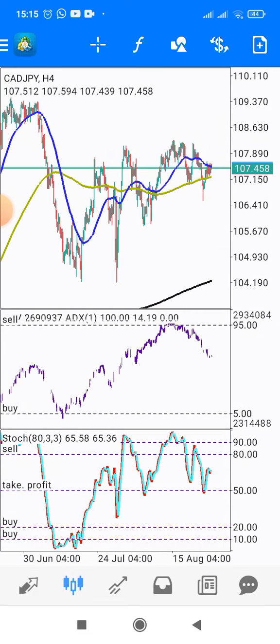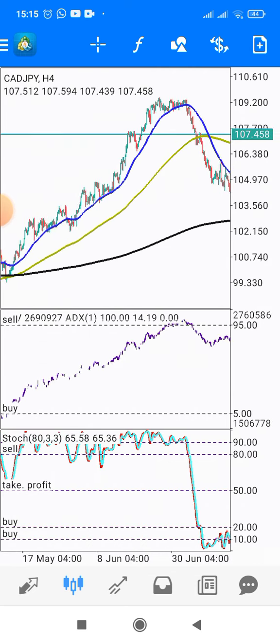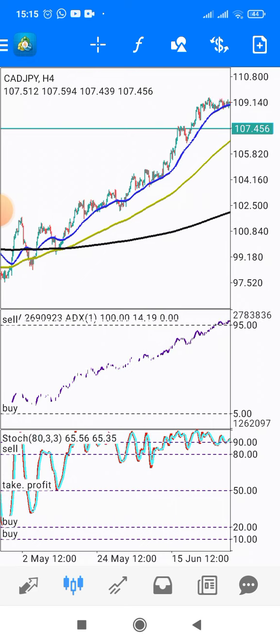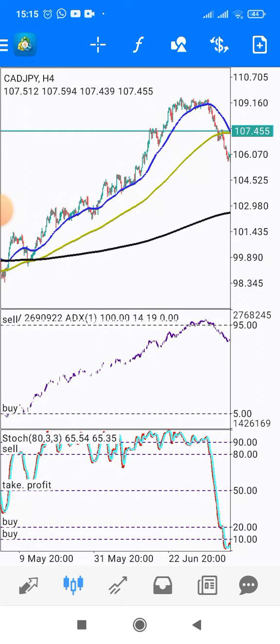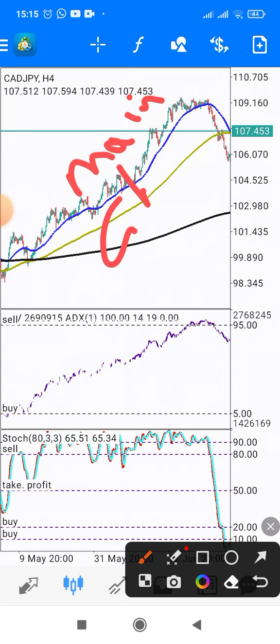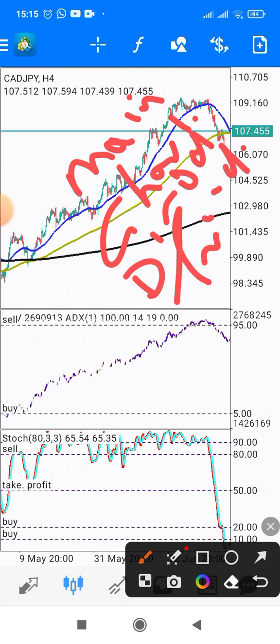Then what are the conditions for us to enter such a market? One, we must have a glimpse of the direction. We've said the direction of the market is known by the indicators on the main chart, which will give us the direction or trend of the market.